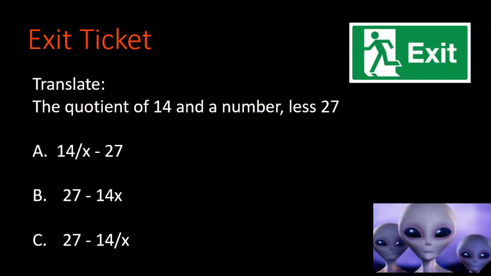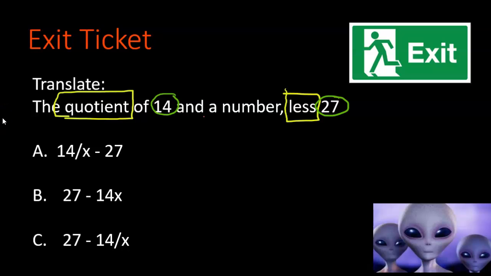So let's look at our exit ticket. Quotient again. So we're going to box in our words that help us know what operation we're going to use. I'm going to circle my numbers, 14 and 27, and I'm going to underline what I'm trying to figure out.